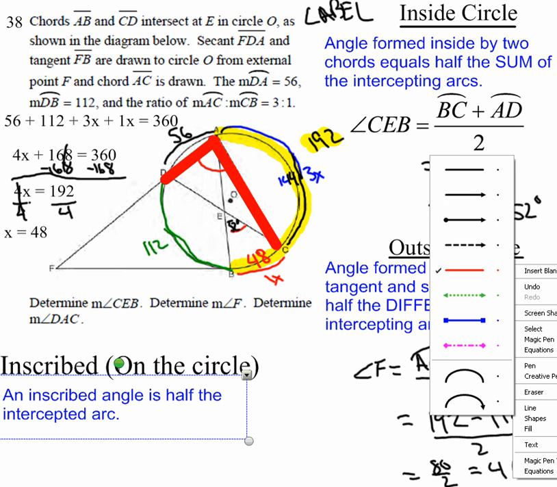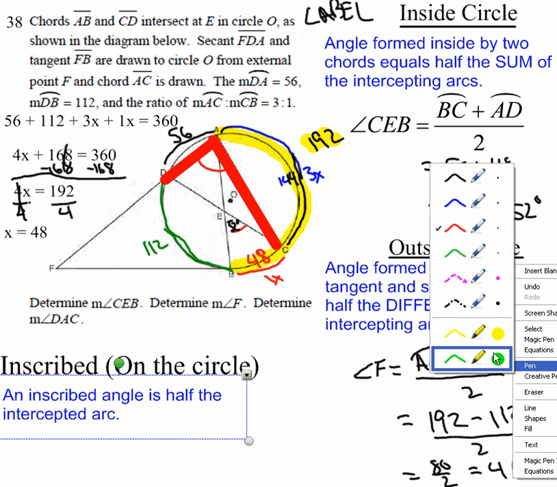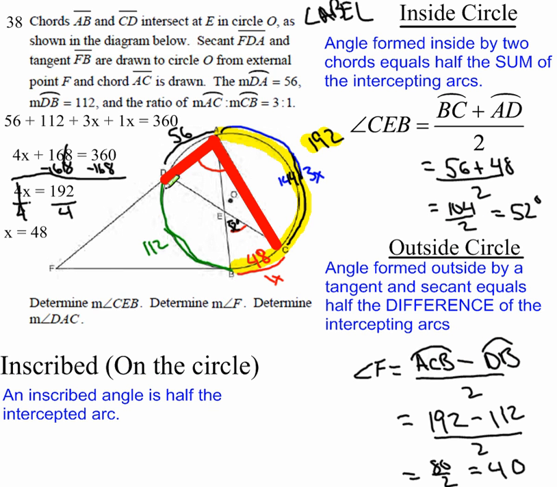Let me highlight that in green for you. See if I can find a green highlighter. Here it is. So we are talking about this arc over here. Okay, what's the measurement of this arc?